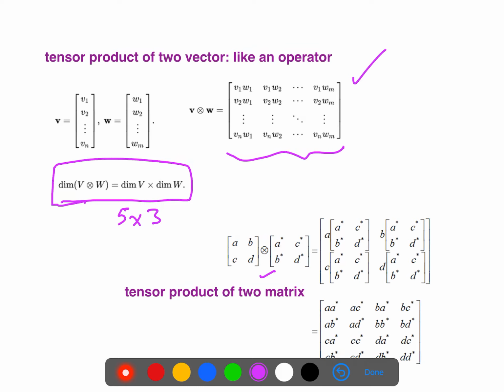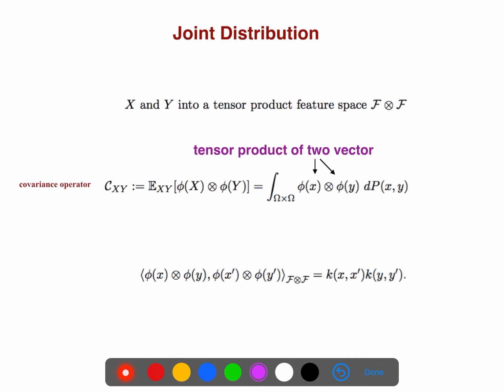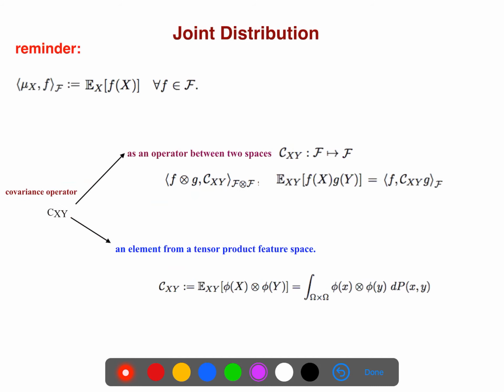For the Hilbert-Schmidt theorem and everything, you just need to understand the tensor product of two vectors. So we define cross covariance by the expectation of the feature map, the tensor product of them.